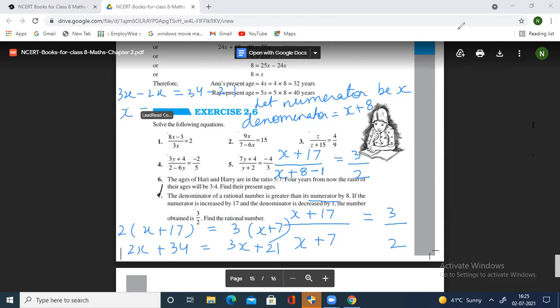So x comes out to be 13. And if I talk about the rational number, the numerator is 13 and the denominator is 13 plus 8, that is 21. So the final answer is 13 upon 21.